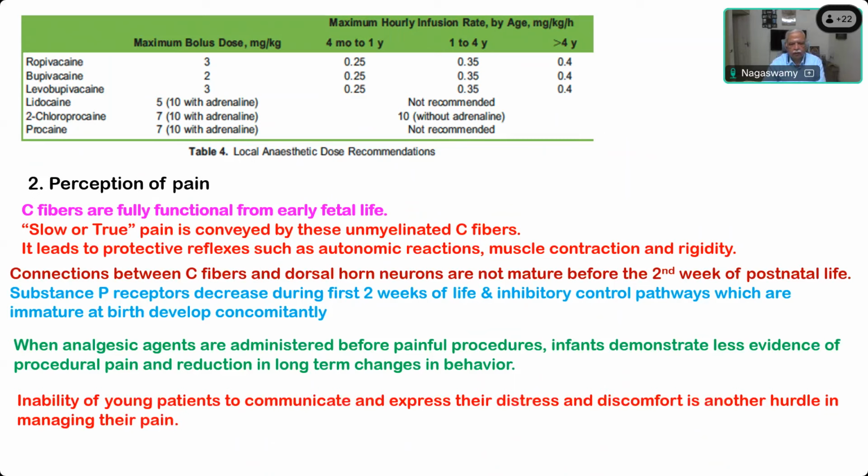And the inability of young patients to communicate and express their distress or discomfort is another hurdle in managing their pain. So age-related pain scales are formed to overcome this in pediatric patients, especially when you use regional technique. You must know that the block has adequately taken effect before you allow the surgeon to perform or touch the patient.